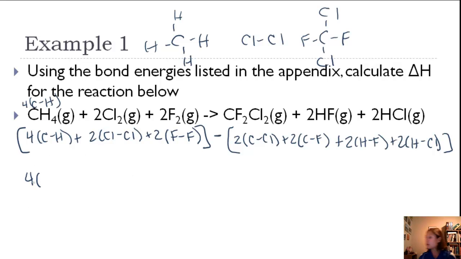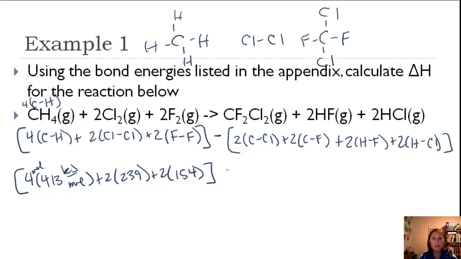Already done that for you. So C to H is 413. This is kilojoules per mole. And since this is the number of moles, our moles will cancel, leaving us with kilojoules. 2 times our Cl to Cl is 239. F to F is 154.